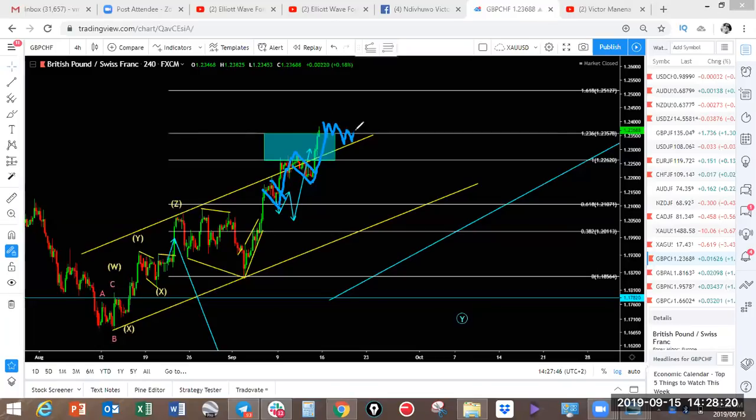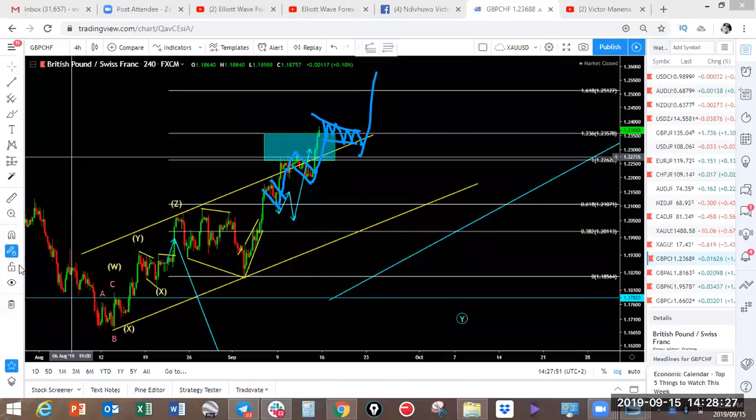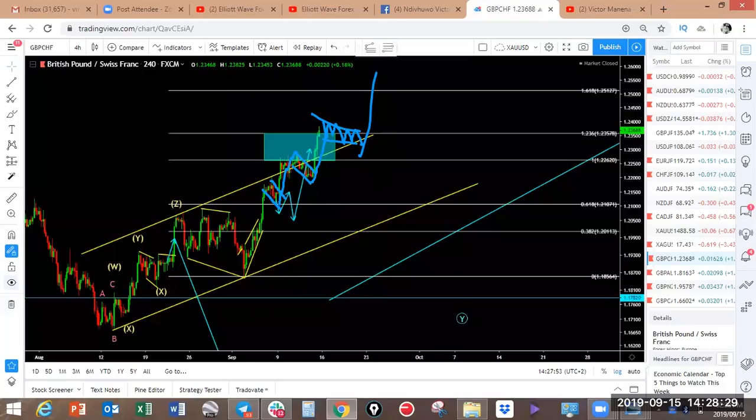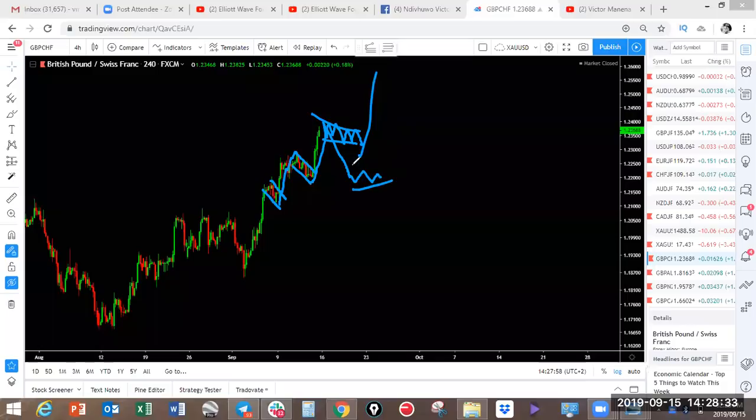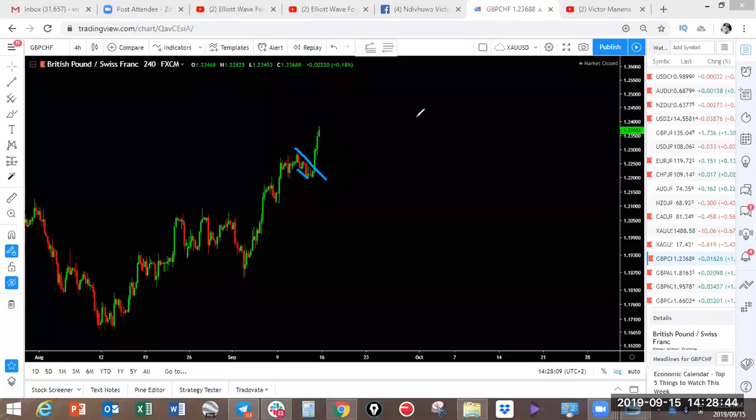If we start getting a corrective structure here, this move to the upside is going to resume, and that is what's likely to happen, and that will invalidate my blue box there. And then if we get a pulsing move and then lower, which I don't expect, that will be the move to the downside. Let's see how this plays out. It looked good before we got to the blue box, but now that may have changed. Okay, so that is Pound Chief.